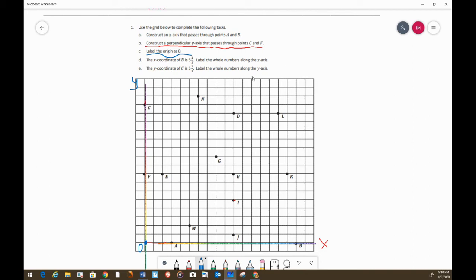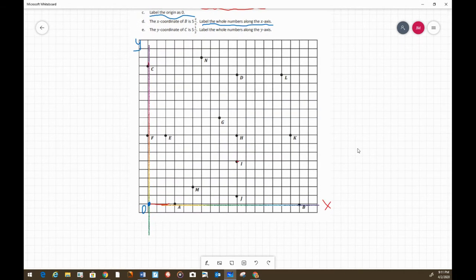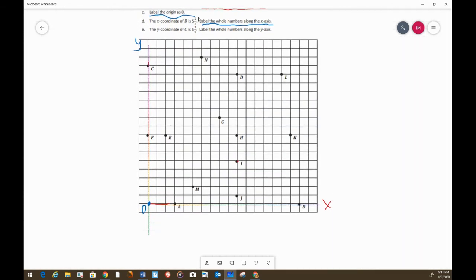And then it says the x coordinate of B is 5 and 2/3. Label the whole numbers along the x-axis. Okay, so with that clue, we have to do exactly what they say. So B is 5 and 2/3 on the x-axis. We know this is the x-axis. This is where B is. So now we have to label that.